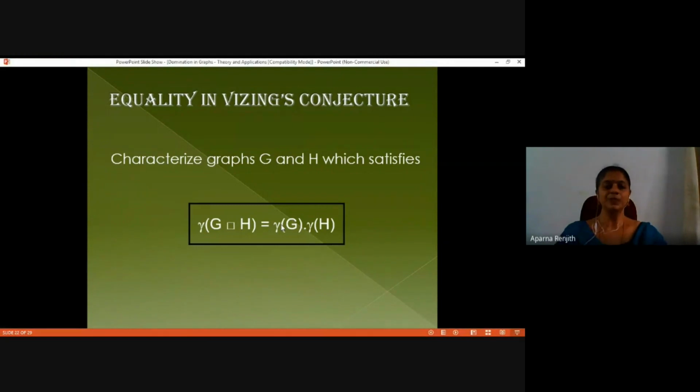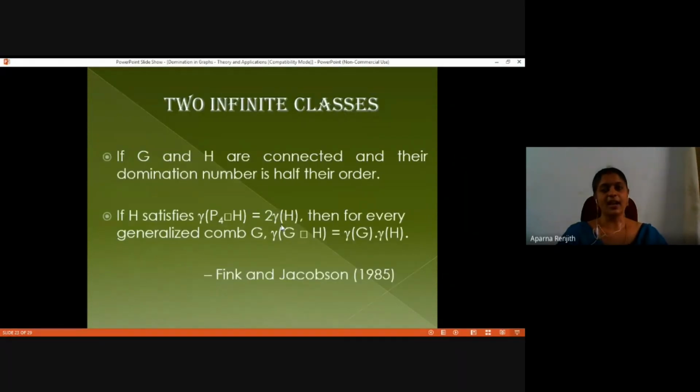And now, the graphs which satisfy the equality in Vizing's conjecture are also interesting. So this is also an open problem. Characterize graphs G and H which satisfy gamma of G box H equal to gamma of G into gamma of H. Here you have two infinite classes.